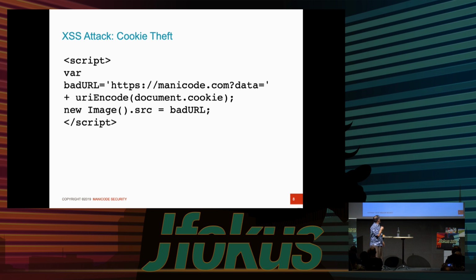I build a URL to my evil website, and I grab a copy of your cookie and URL encode it so it fits in the URL. Now, this is happening in your browser, victim, in your browser. I now have a URL with your cookie in it, and I then make a new image object in JavaScript. It's just an object on the DOM. It's not visible. And I go preload it, send your cookie to my domain.